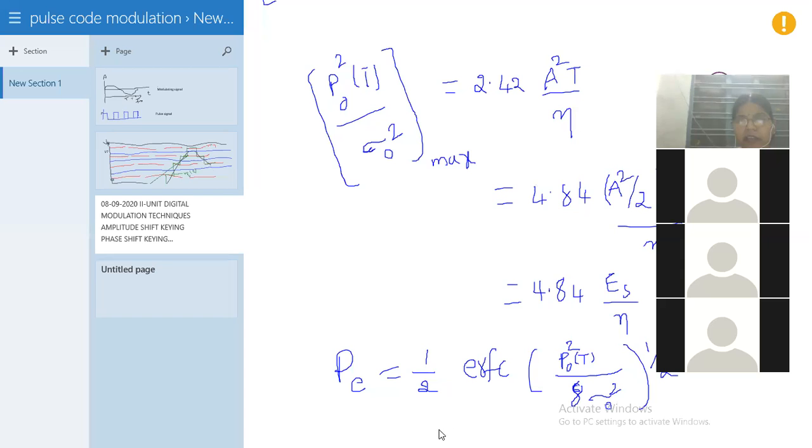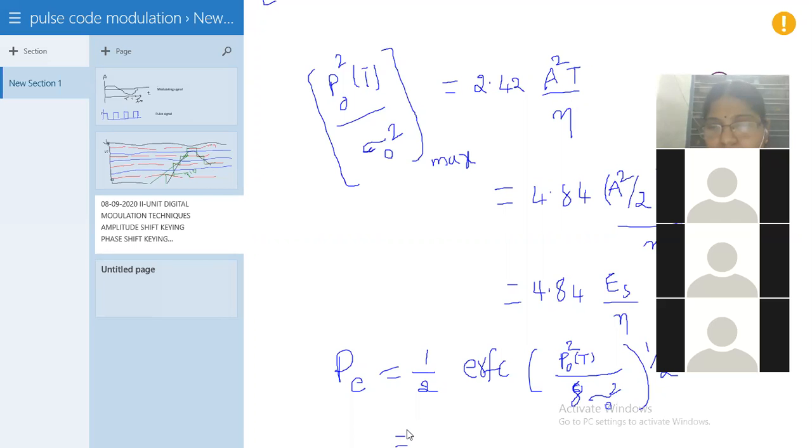So then here you can substitute that value into this equation. Then what is the PE of FSK signal? PE of FSK signal. Okay? So please note down.